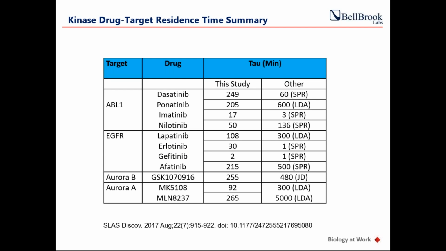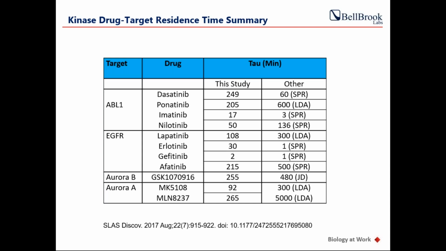So we compared the residence times that we determined for a number of inhibitors with different kinases to some of the literature data for biophysical methods and ligand displacement assays. Although the rank order tended to be similar, some of the values that we got were very different. If I'm a biochemist, and I am a biochemist, and I'm looking at data, I'm saying, what do I want to believe?